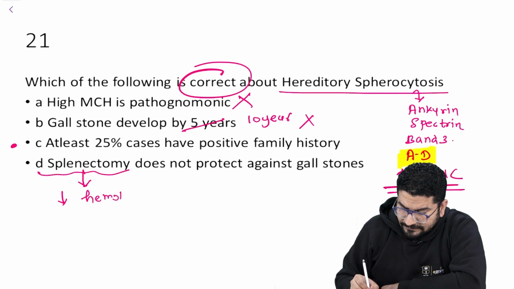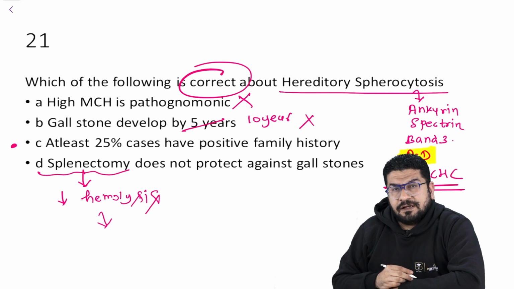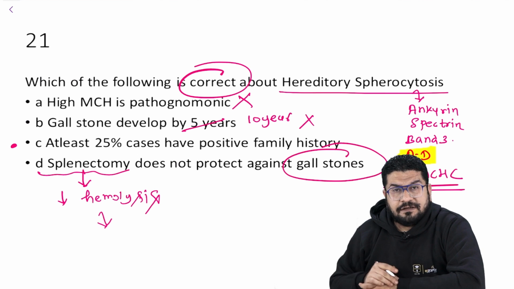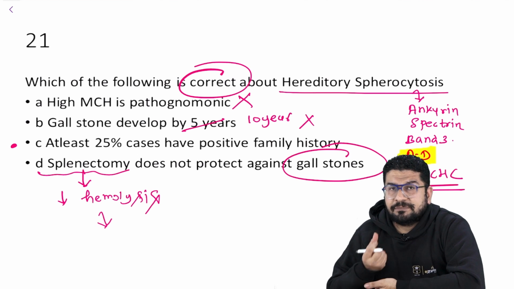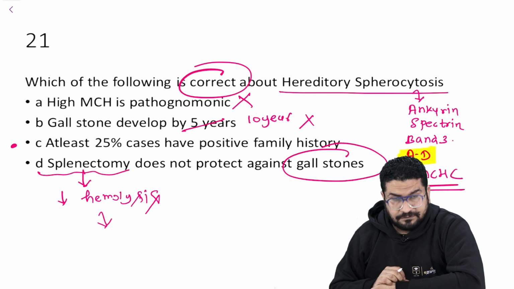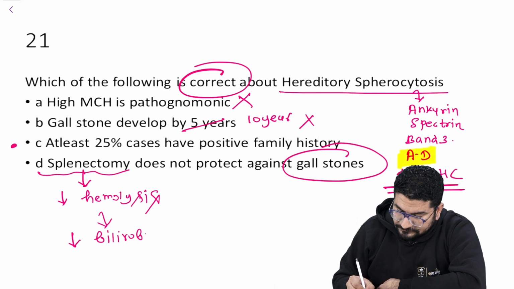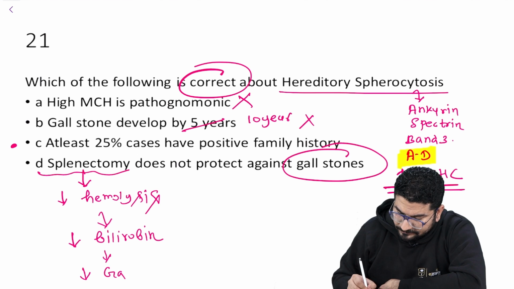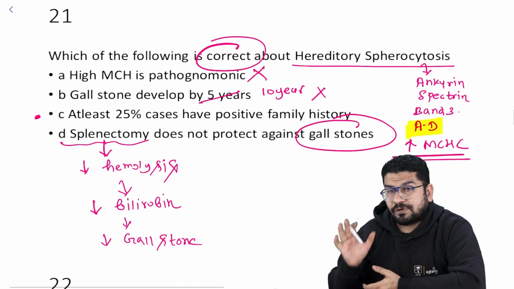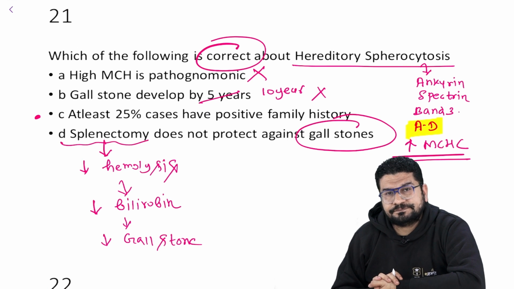When hemolysis decreases, the gallstones seen in any hemolytic anemia, which are pigmented gallstones, are reduced. Less hemolysis means less bilirubin, and less bilirubin means fewer gallstones. So without any doubt, splenectomy will provide protection against gallstone.